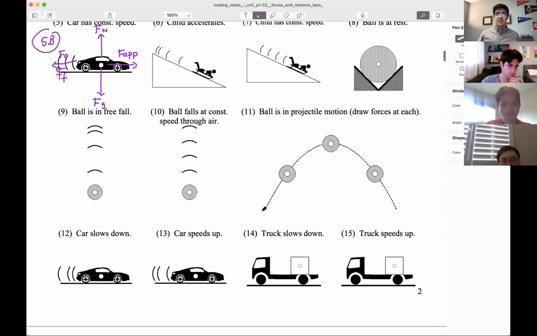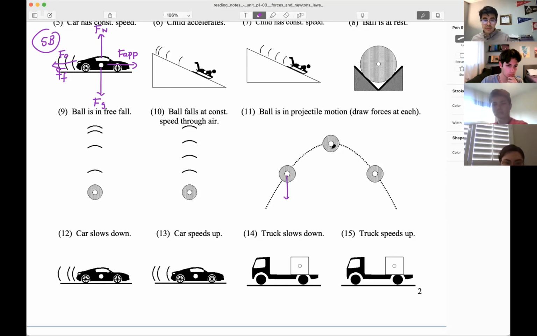What about number 11? They would all have gravitational force.